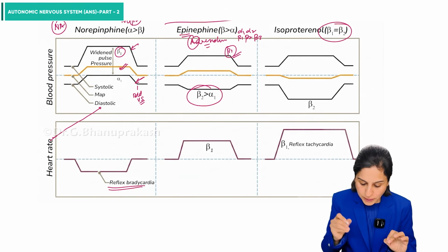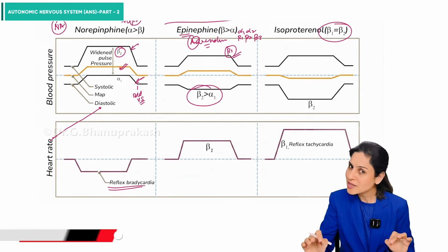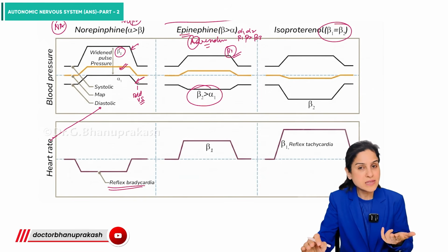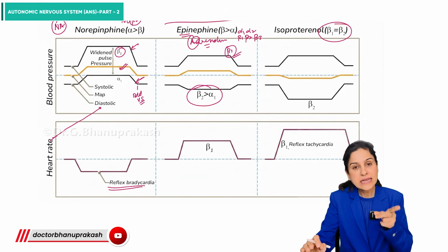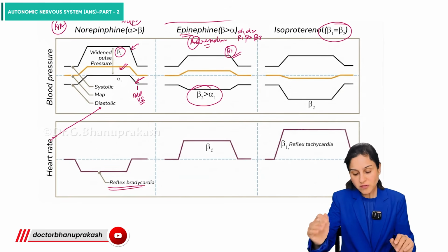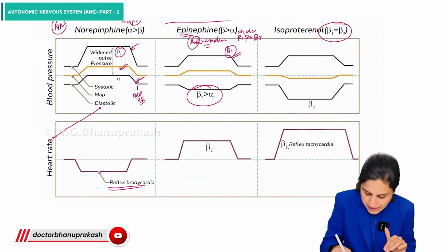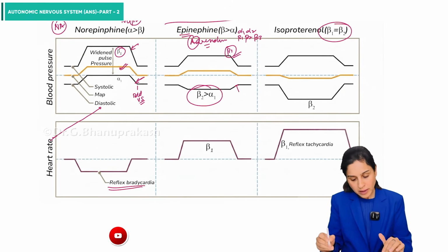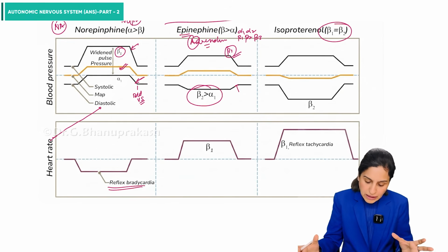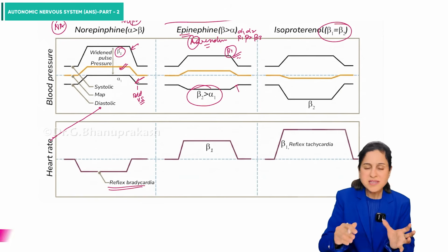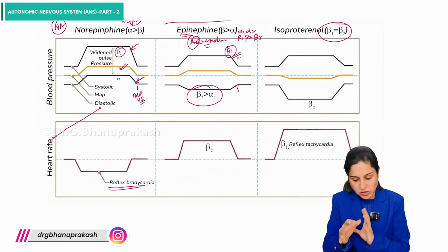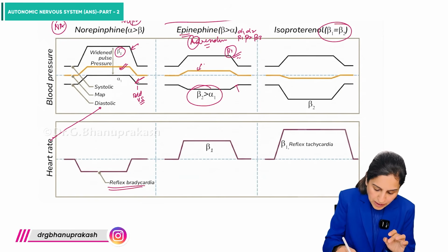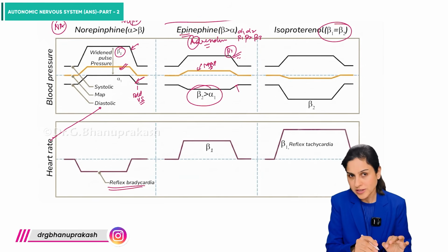So the predominant effect is going to be of the beta 2 receptors. And when beta 2 is stimulated, ABCD, it is going to lead to vasodilatation, which means fall in the blood pressure. So the diastolic blood pressure is going to fall. So when we find out the mean, the rise in BP is more as compared to the fall in the BP. So ultimately, the mean blood pressure does rise, but not as much as is seen with noradrenaline.